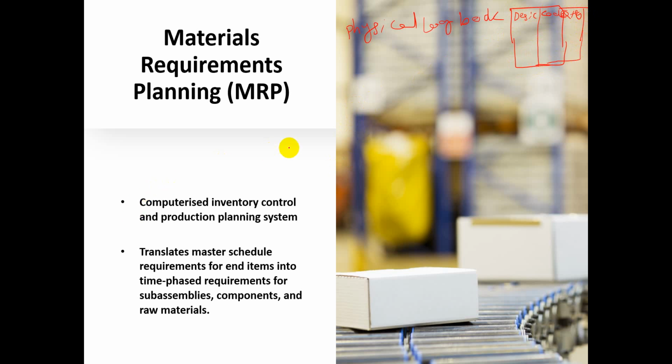During those days, it was very difficult to track how many materials were inside the factory and whether they were physically available or not. On a day-to-day basis, it is very difficult to verify physically.